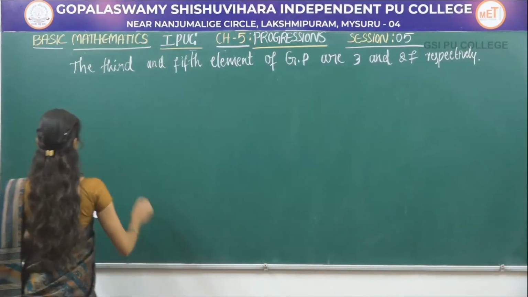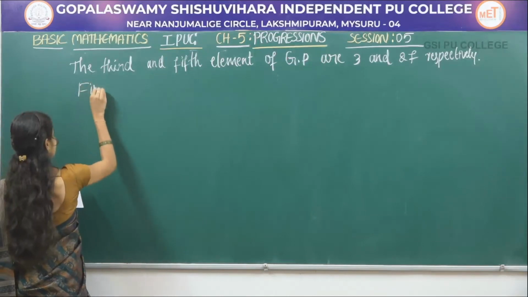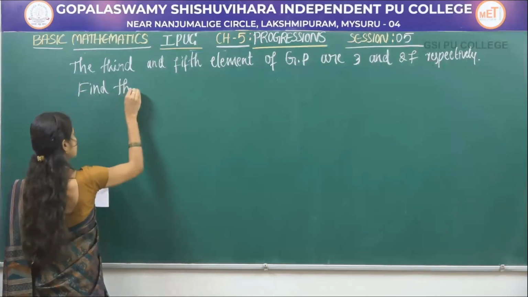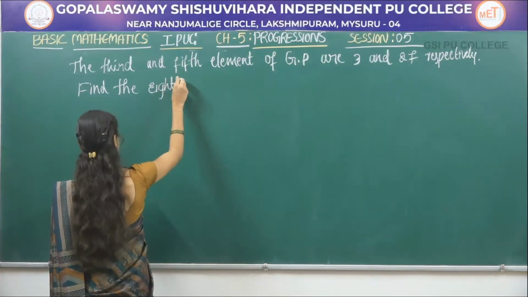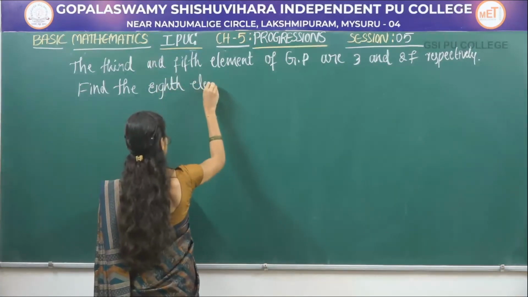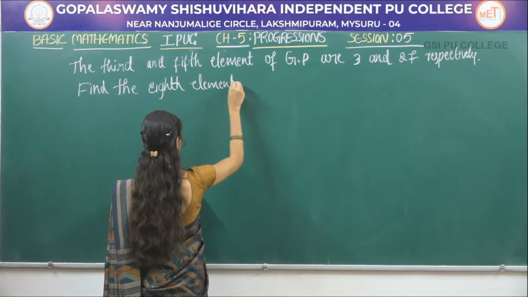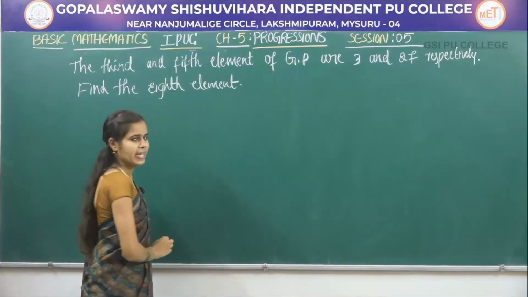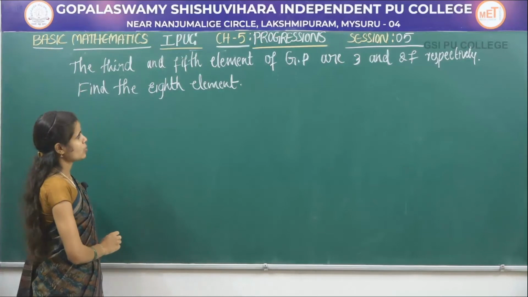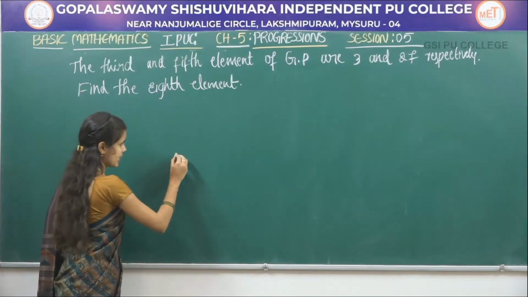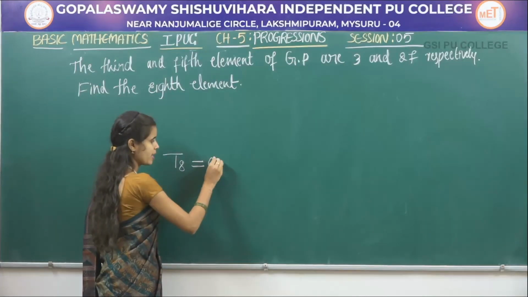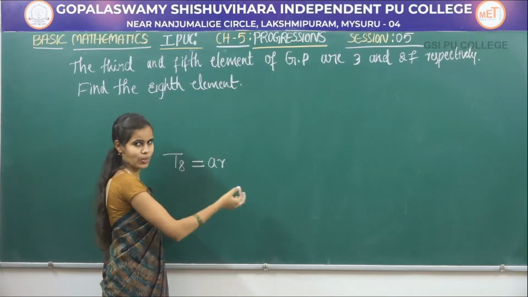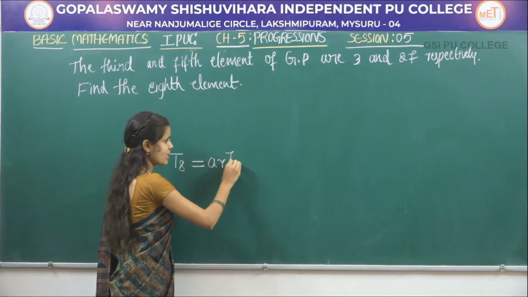Find the 8th element. Here we want to find the 8th element, which means T8. The formula is A into R to the power of n minus 1. N is 8, and 8 minus 1 is 7.